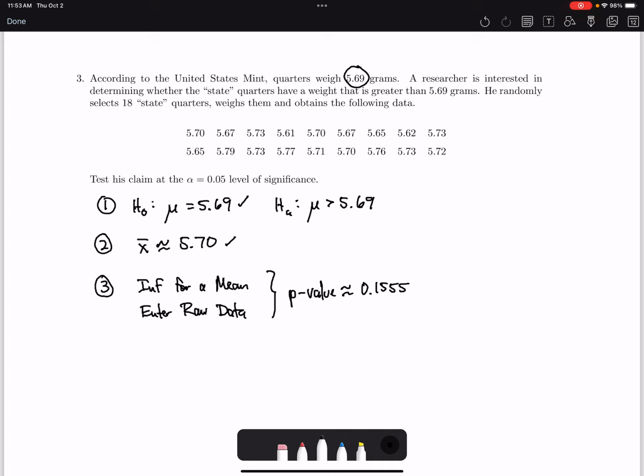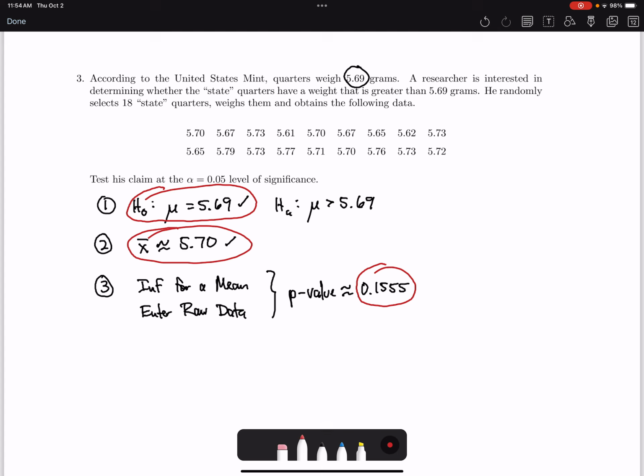In other words, there is about a 15% chance that we would obtain a sample mean of 5.7 if, in fact, the null hypothesis were true. Well, 15.5 is not very small. That's a pretty large probability. So it doesn't give us any reason to suspect that the null hypothesis might not be true.